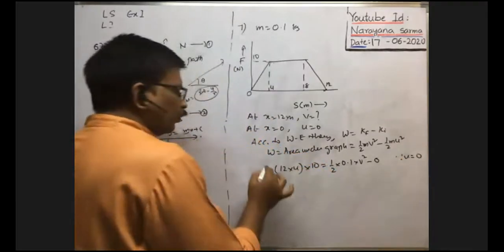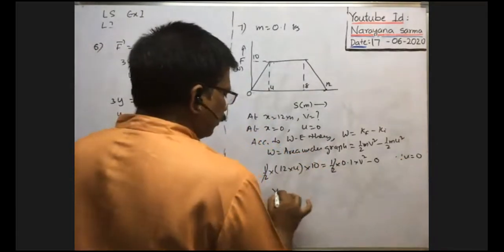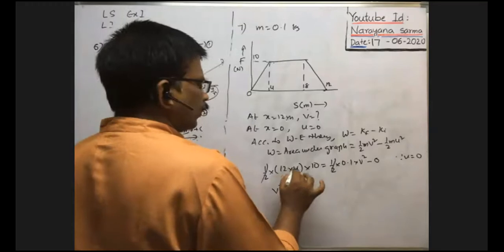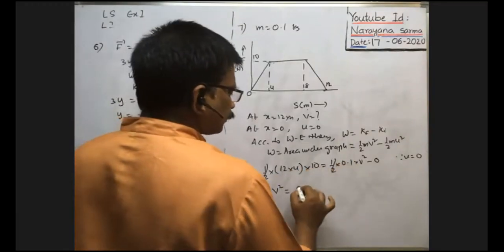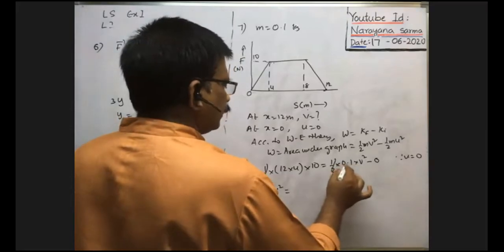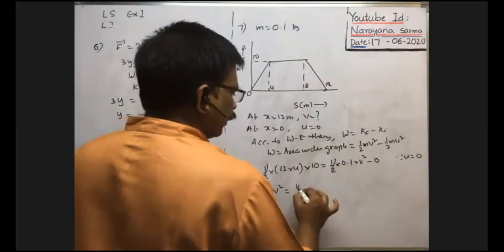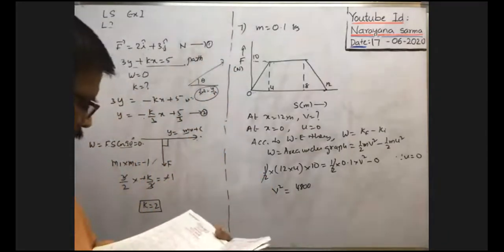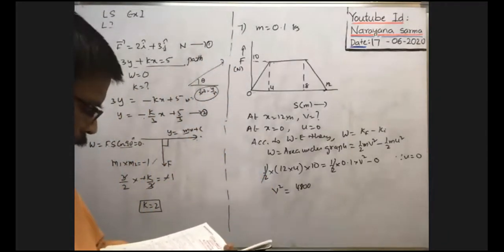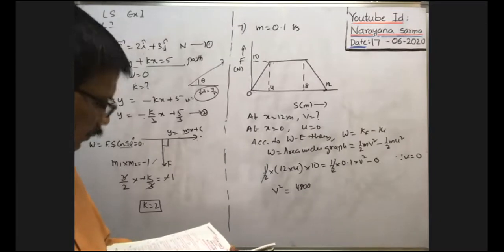Okay. Now 1 by 2 cancel. Therefore, v square is equal to 480 into 10, so 4800. So what about the, is it correct?